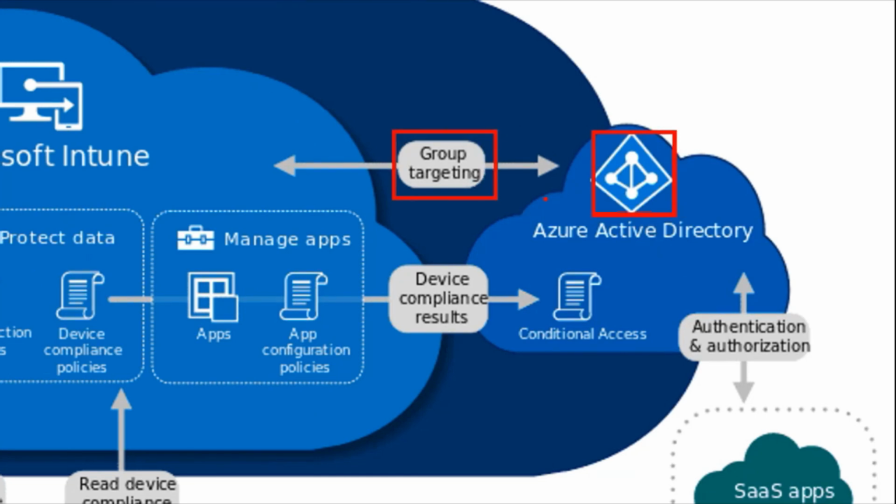If the user is not part of this group, he will not have access to any applications or devices. Also, through conditional access, devices will be checked for whether they are compliant or not. So Entra ID plays a very vital and crucial role here for checking, authorization and authentication.